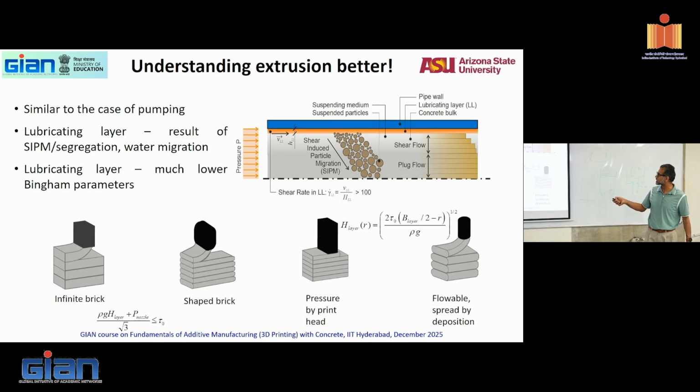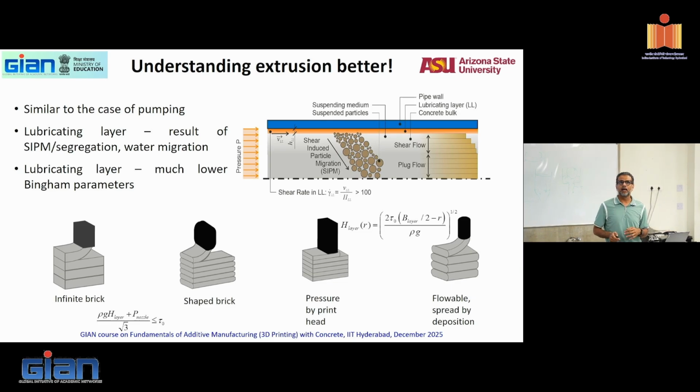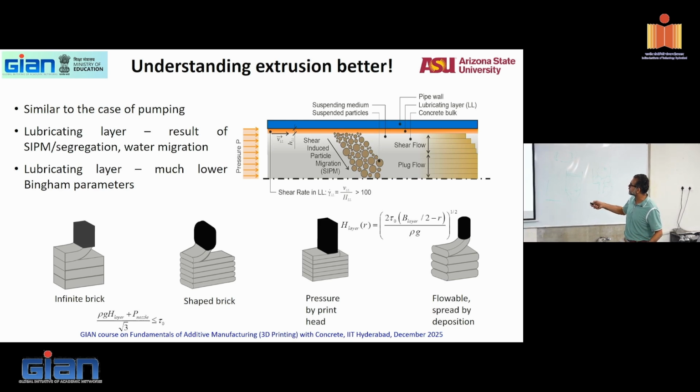So very close to the wall of the pipe, you have a lubricating layer that gets set up, right? A paste-rich layer that is closer to the pipe, and particles migrate to the center of the pipe. That's called shear-induced particle migration, a very, very well-studied field in fluid mechanics, in particle mechanics.